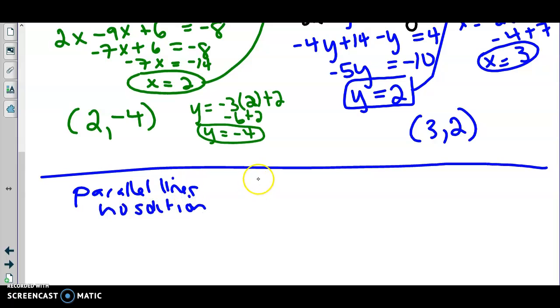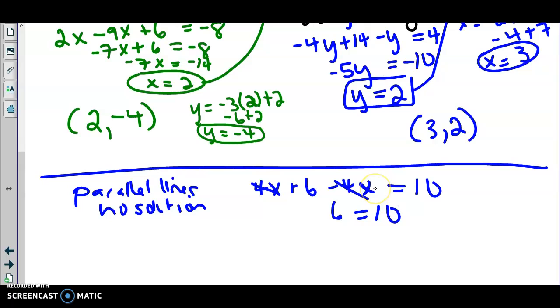It would look something like if you have 4x plus 6 minus 4x equals 10. When you go to solve this, when you combine like terms, they go away and you're left with 6 equals 10. Well, that is completely false. That's not true at all. So when you get a false statement, that means that there is no intersection. So that would be no solution.